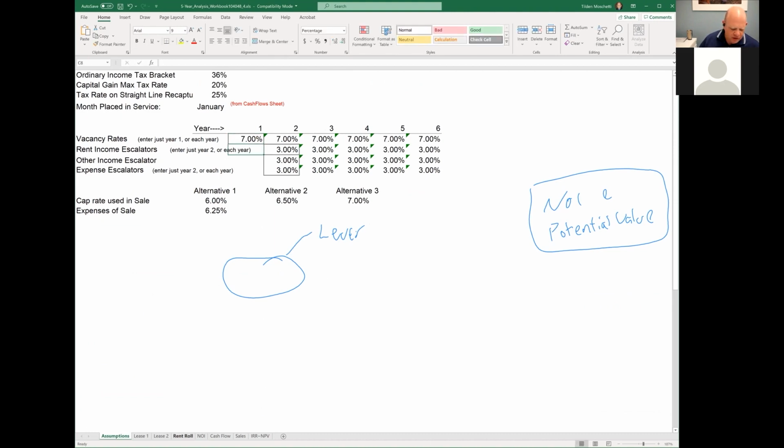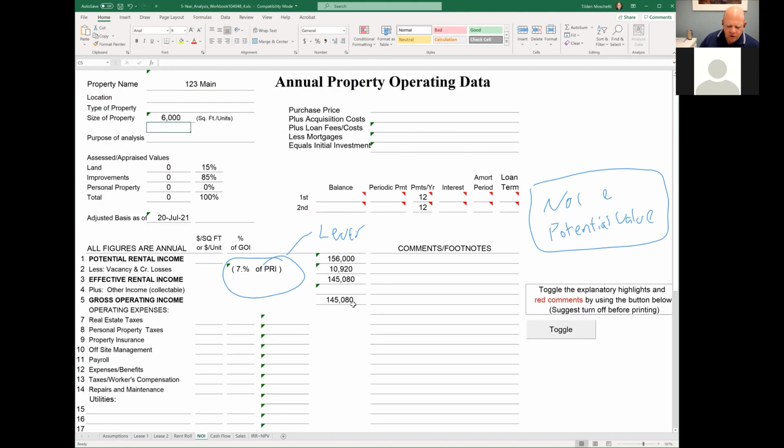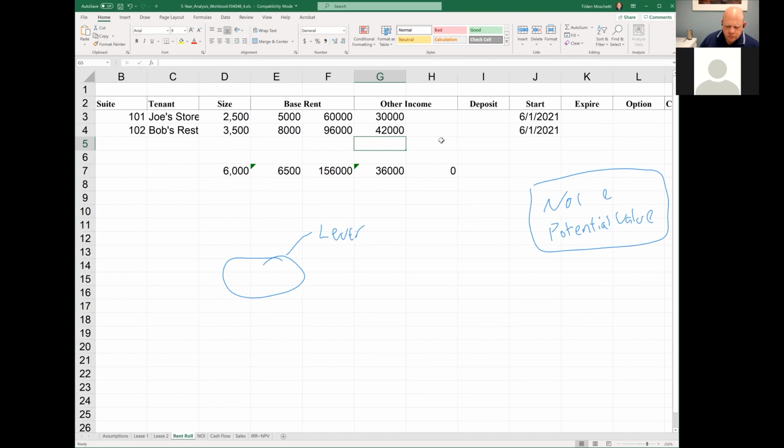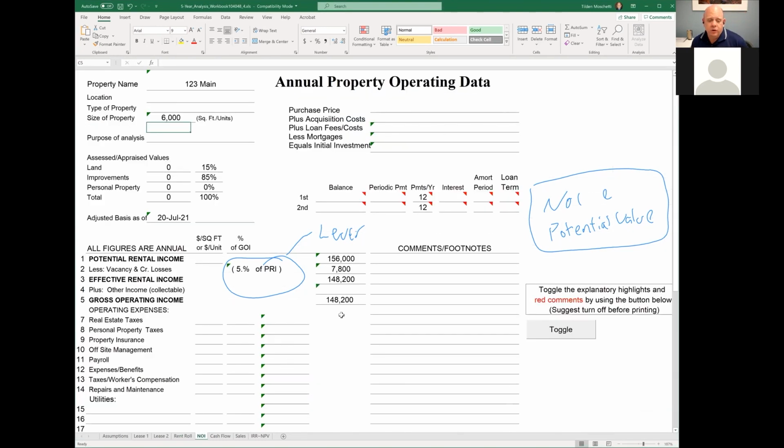And then we'll see that now it's 145,080 versus where we just changed it to, 148,200. So obviously it's going to change that amount of your income. And since NOI is your income minus your operating expenses, it's levering the entire equation. It's changing all those numbers. And so it's clearly just a lever to keep in mind.